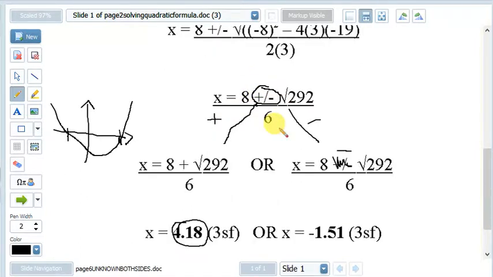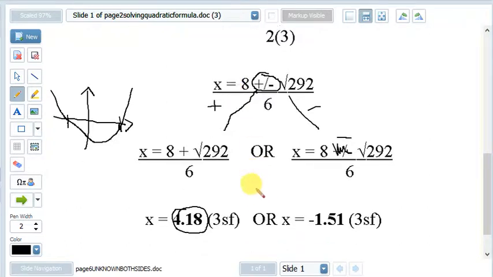So the plus or minus here is we can either add 8 plus the square root of 292, divided by 6, which is this one, or we can take it away. Just a quick note here that the line here shouldn't be under the x, it should just go up to that 8 there, it's just a typo.